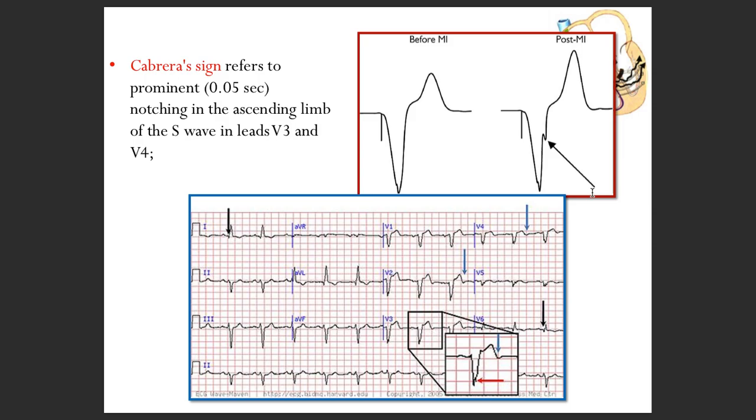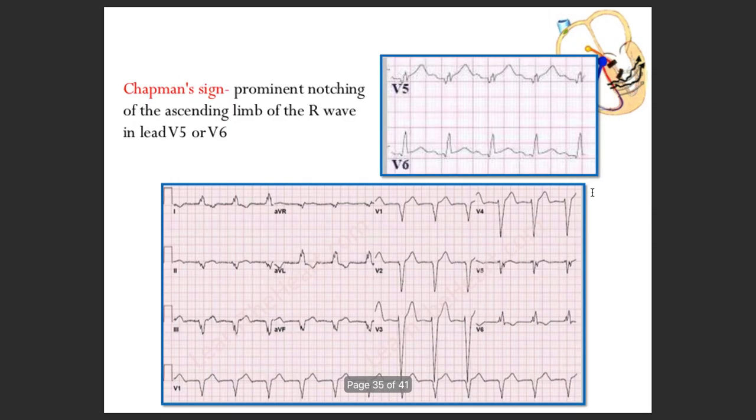What do you notice? In the ascending limb of the S wave, there's a notching which is coming up. And the notching is more than 0.05 seconds. Especially over here, you can see it in the V3 lead.